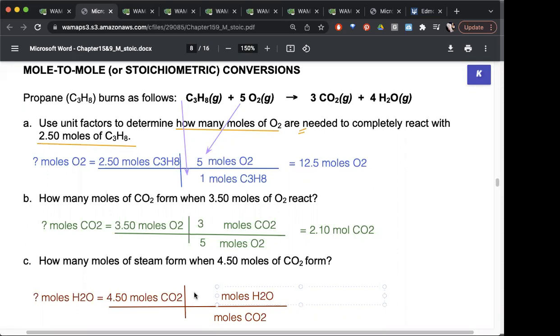And that is 4 on top and 3 on the bottom. And again, I do those as separate steps just to give time for that ballpark check, just to make sure you've got it right. So 4.5 times 4 divided by 3, and I get 6.00 moles of water, or steam, formed.